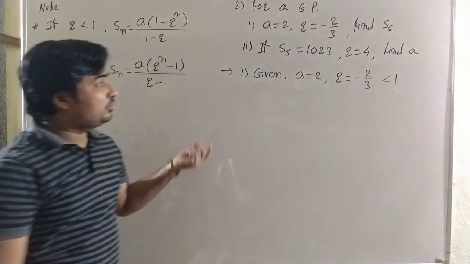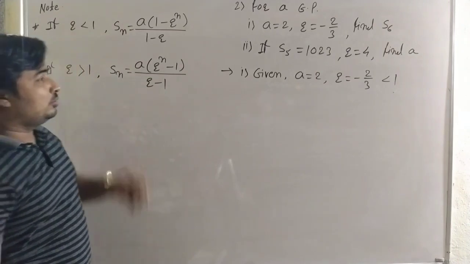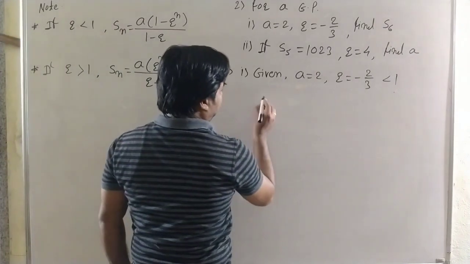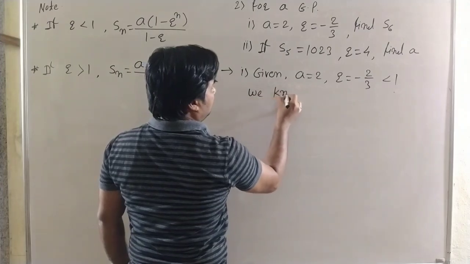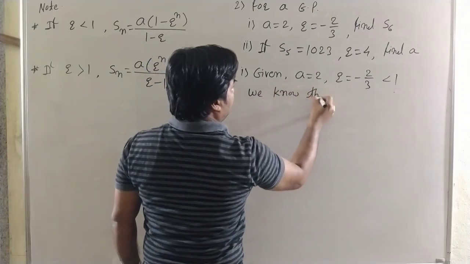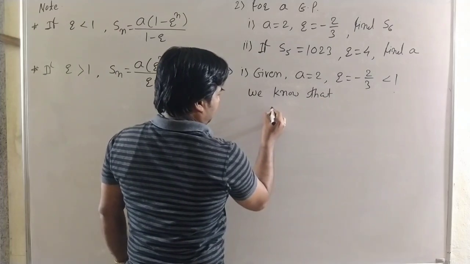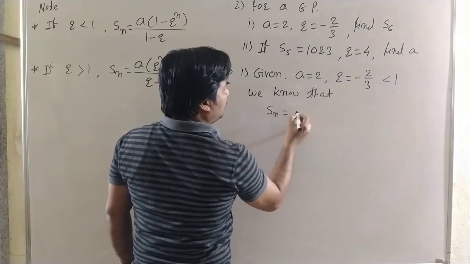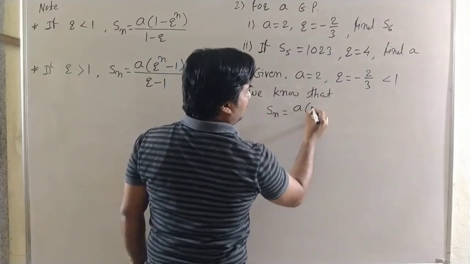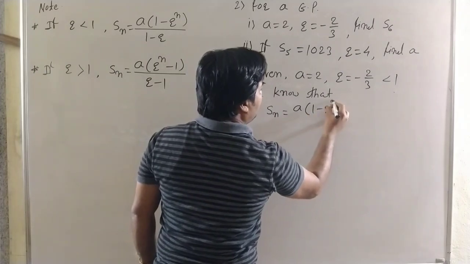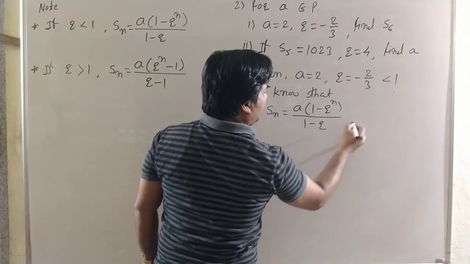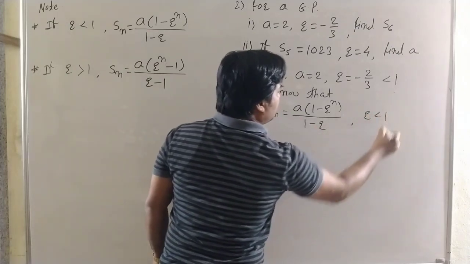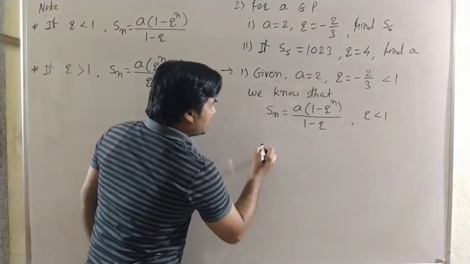So here we use the formula for r less than 1. Now we know that Sn is equal to a into 1 minus r to the power n upon 1 minus r, for r less than 1. Here we want to find S6.